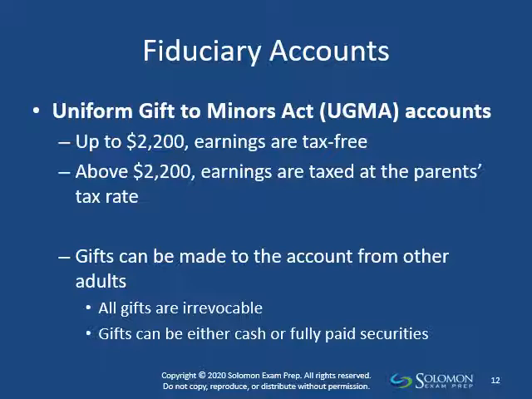Another important piece of information is that gifts can be made to the account from other adults, but all gifts are irrevocable, meaning if a gifter changes his mind, too bad. Once a gift has been made, it cannot be retracted. It will stay in the account. Gifts can be either cash or fully paid securities.